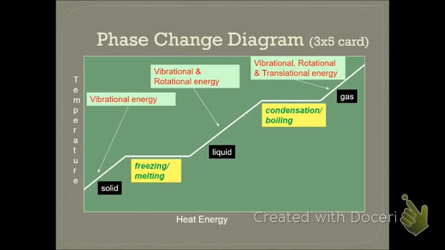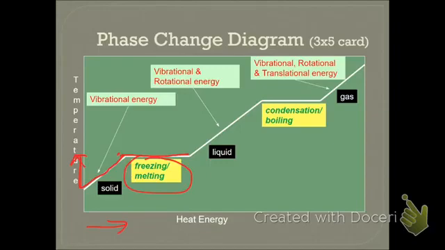So, what's going on here then? To recap, I can heat up a solid to a point where it is going to start changing into a liquid. Temperature will increase, heat energy will increase. At a particular point, which we call melting, that solid is going to continue to accept heat energy, but my temperature is not going to change until it becomes a liquid.